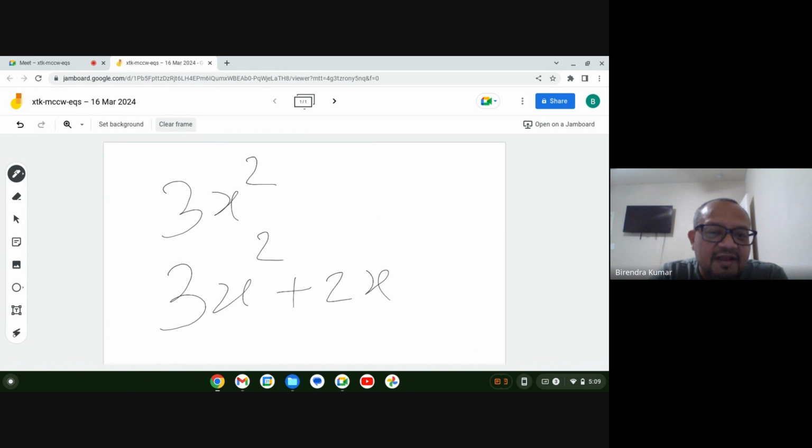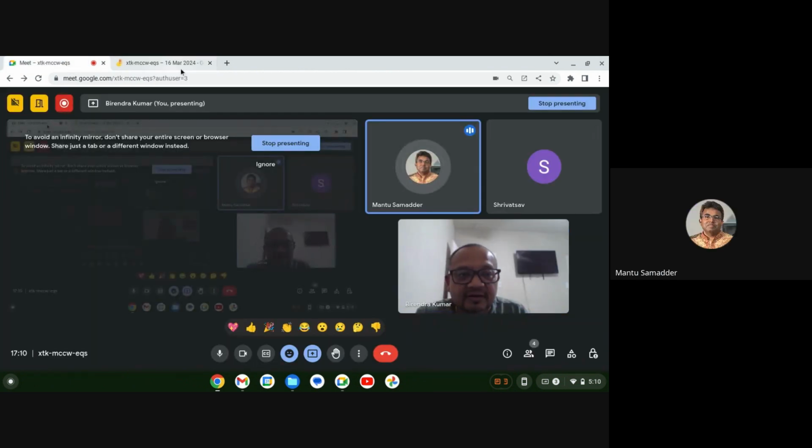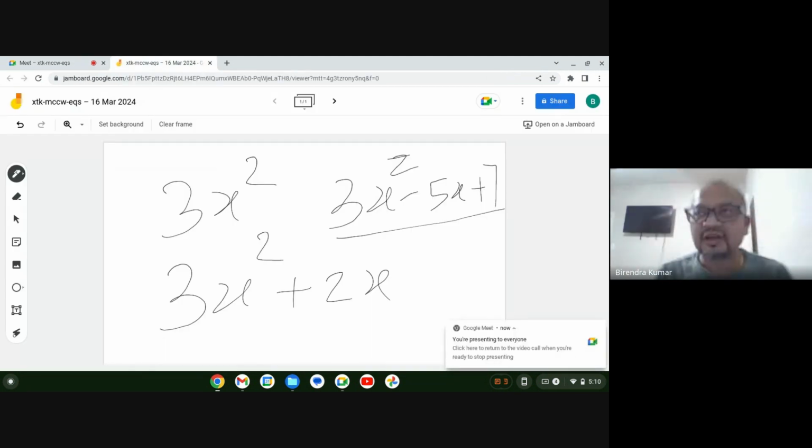And if you have an expression like what we were seeing before, with three terms, that is called a trinomial expression. So here, is it trinomial? Yeah. So monomial, binomial, trinomial.